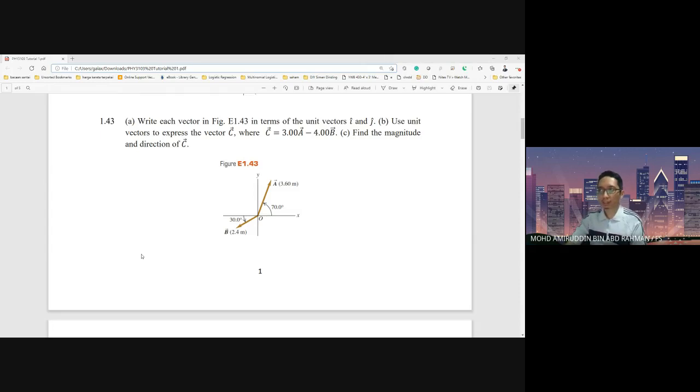A equals 3.6 cos 70 i plus 3.6 sin 70 j. Okay, you got that? Yes. So that's A in terms of unit vectors i and j.